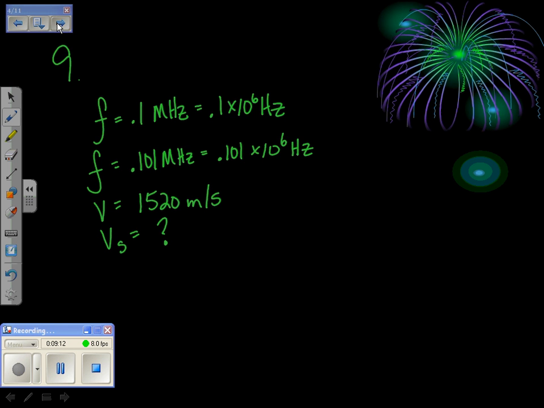So we're looking for the source's speed. Originally the sound sent out was this by the source, and it received it back at this. So that's where I get those. So the source is the sub, and the observer, no, hold on. Did I say that backwards? Yeah.